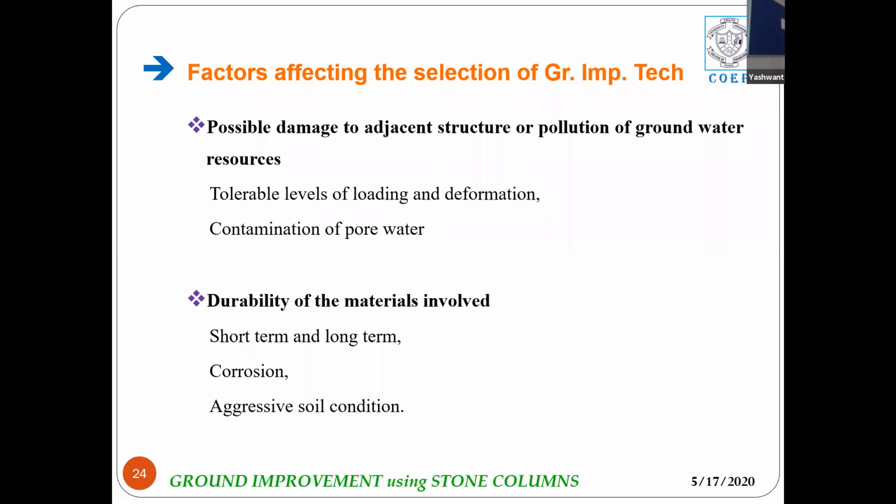Because if you are going for any compaction, or dynamic compaction, the wave or the energy travels through the soil media to the adjacent foundation and is likely to create vibrations in the foundation, which is then transferred to the superstructure.